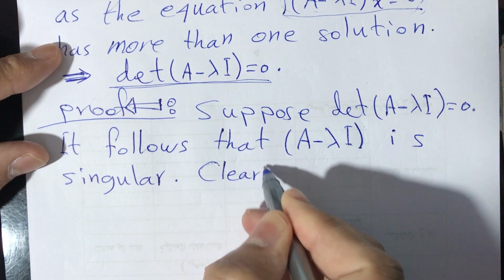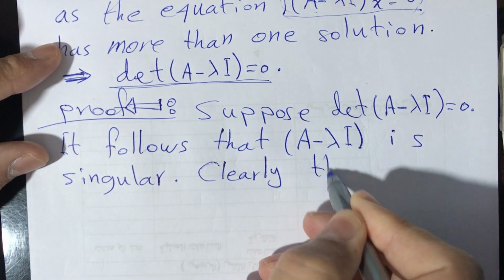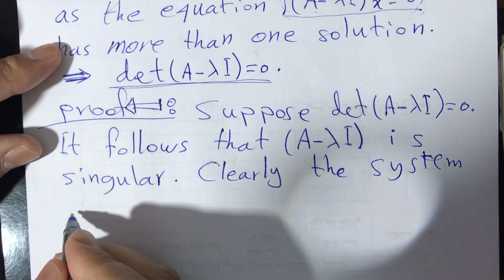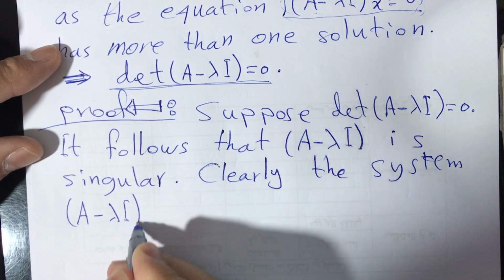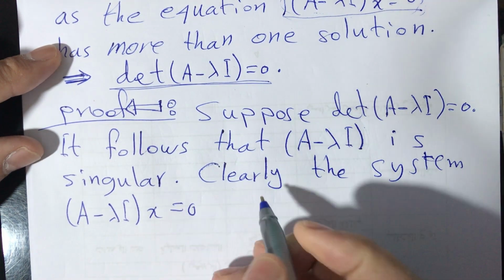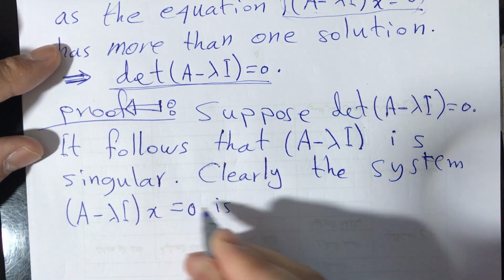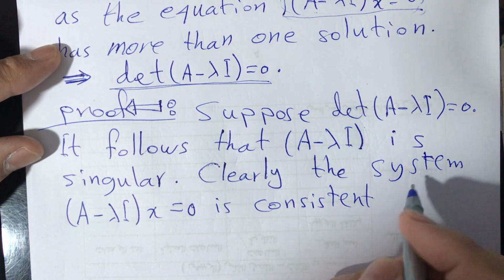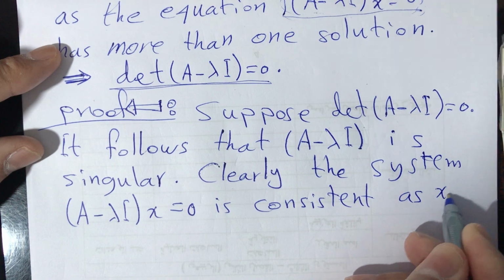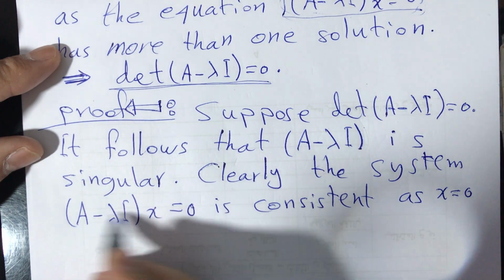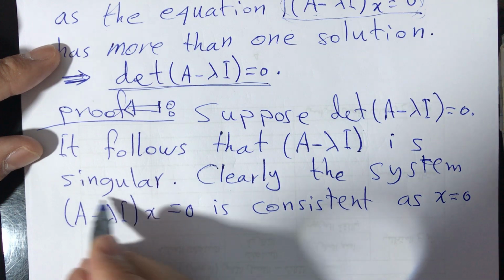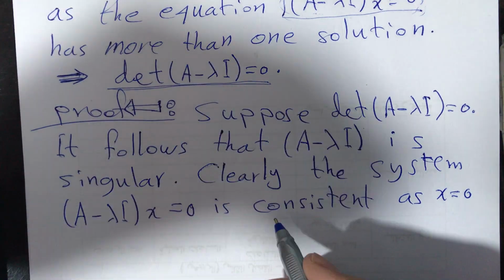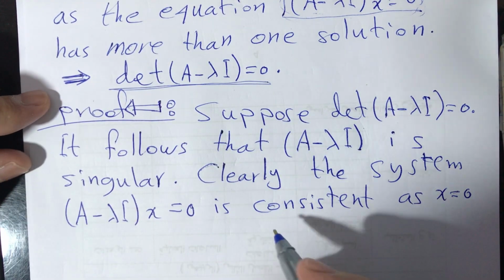Clearly the system A minus lambda I x equal to 0 is consistent (متوافق), as x equal to 0 is a solution. If x equals 0, there is no problem: 0 times this matrix equals 0, so this is correct.